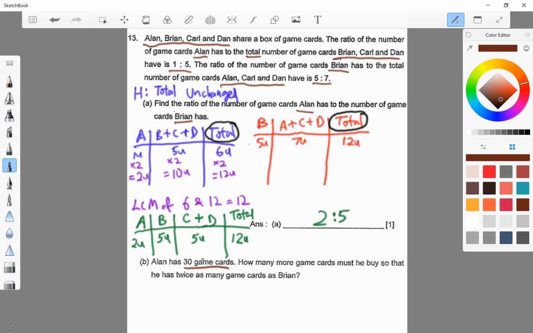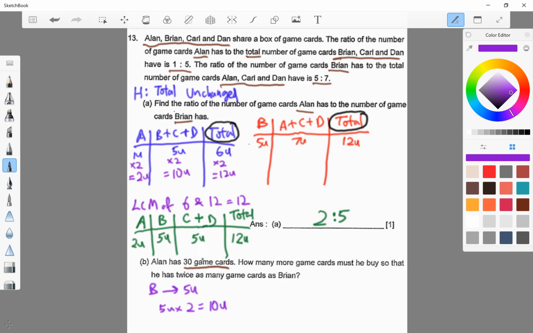Currently, the number of units for Brian is 5 units. So twice of Brian must be 5 units times 2, and that will lead us to 10 units.